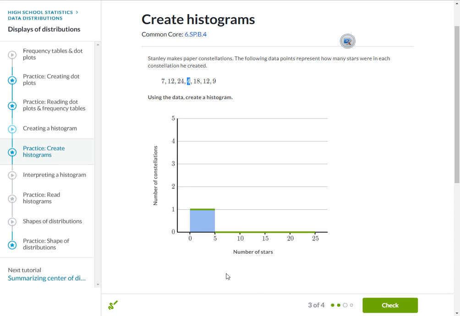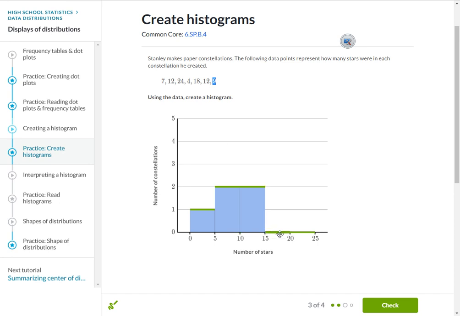How many constellations had between 5 and 10 stars? Well, there's 7, so that's 1. There's 2, and so there are 2 between 5 and 10. How many between 10 and 15? It's 12 and 12. There are 2 12s, so that'll be 2.